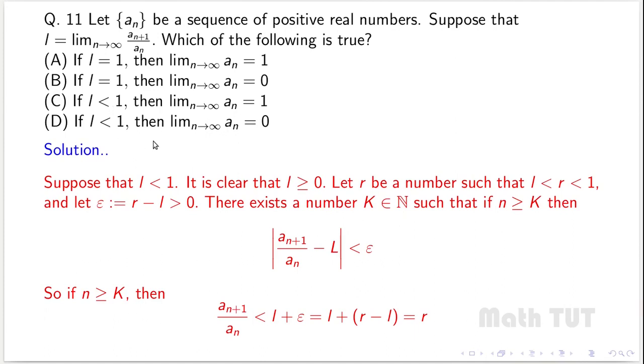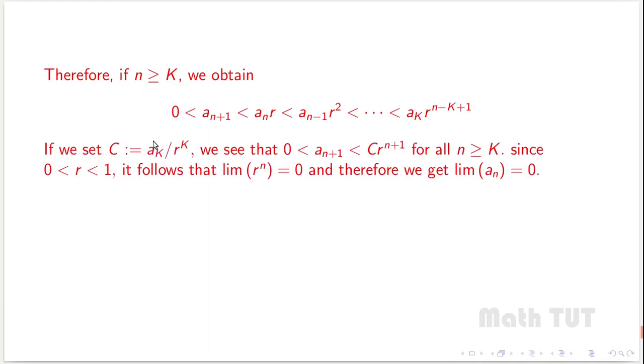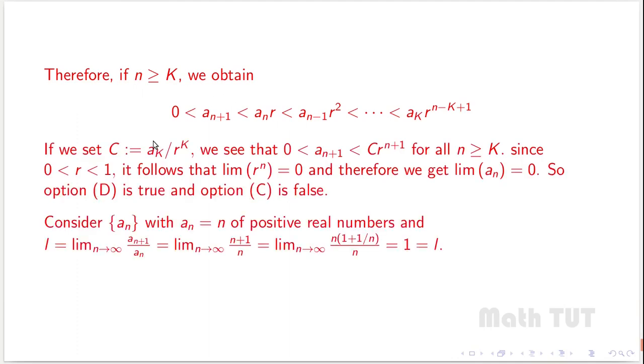But again, if l is equal to 1, what we must do is the second question. So for that, I'm just considering a sequence a_n equal to n, of positive real numbers. You can see l is nothing but limit n tends to infinity of (n plus 1) by n, which is (n times 1 plus 1 by n) by n, and then n gets cancelled, and you apply the limits, you get the value as 1.